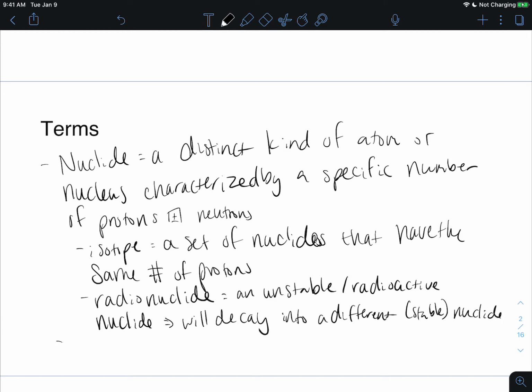And then we have something called a nucleon. This is either a proton or a neutron. It's something within the nucleus. So it can't be an electron because that's not within the nucleus.